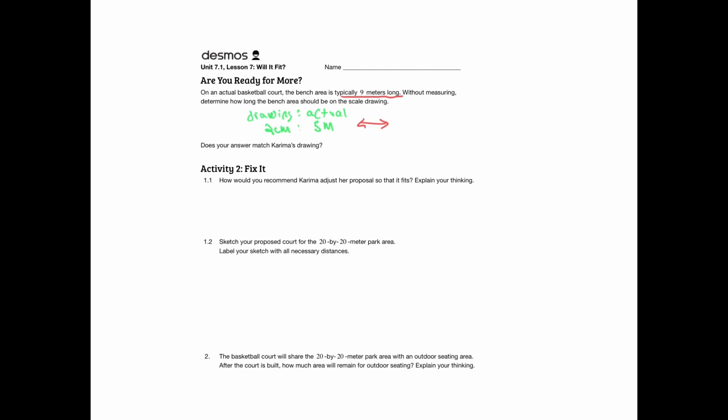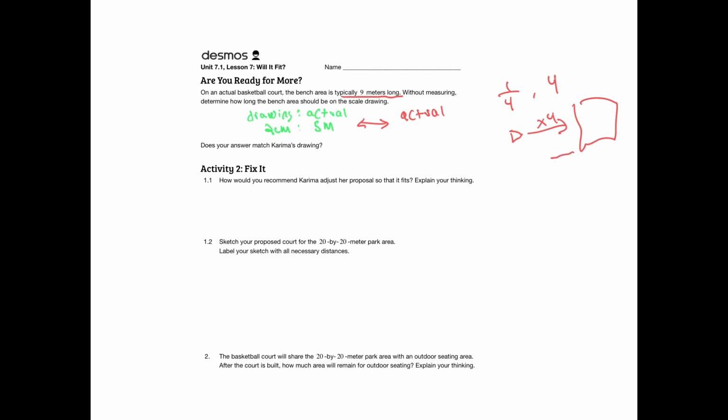So let's see how I want to set this up. Just like when we were doing 1/4 and 4, when we want to go from one object to the bigger one, we multiply by 4.